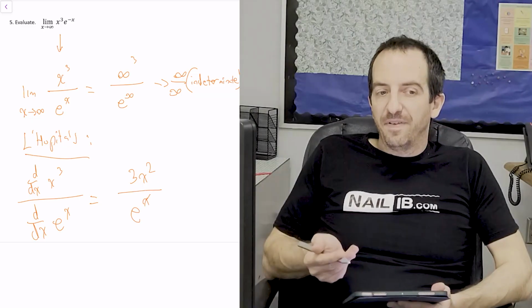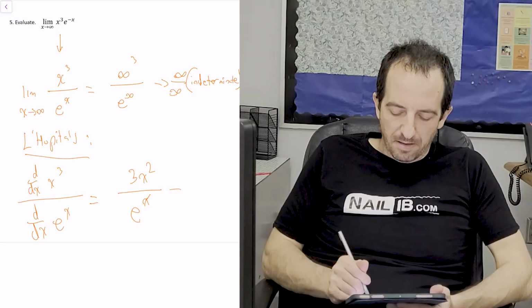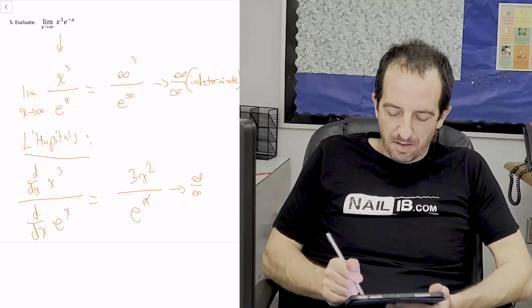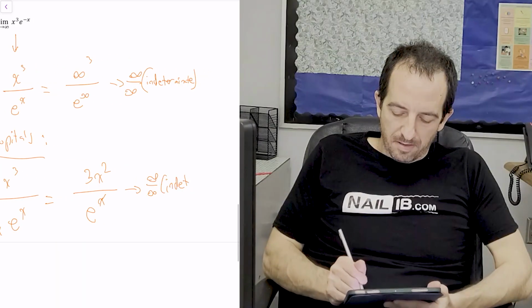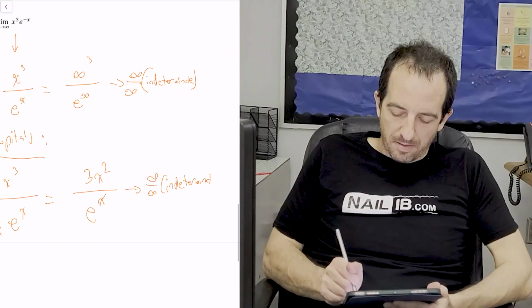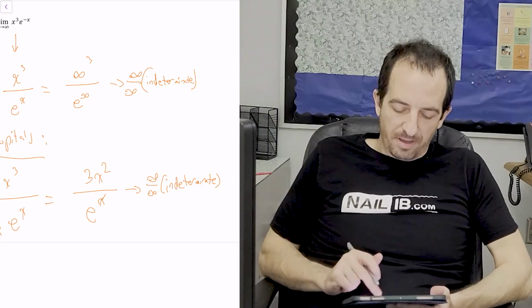And now we plug in infinity again, and what happens? We get infinity over infinity again. Still indeterminate. And therefore, we could use L'Hopital's rule again.